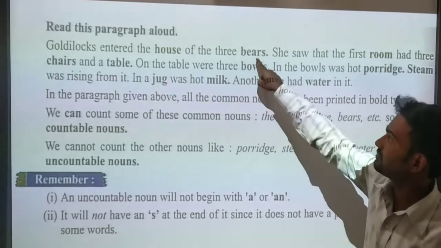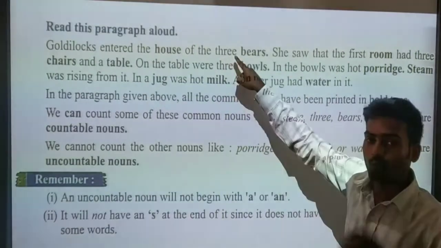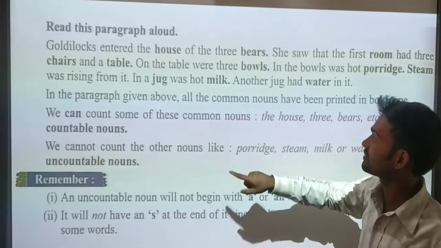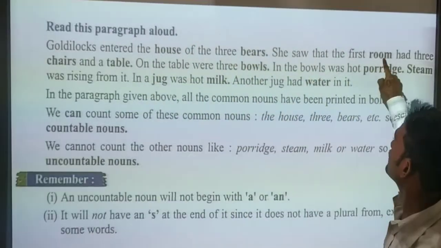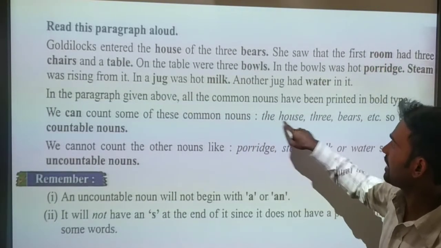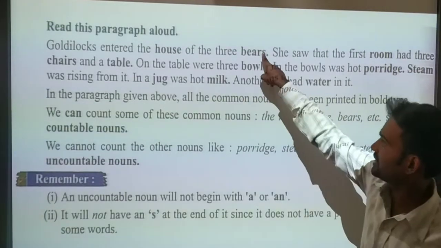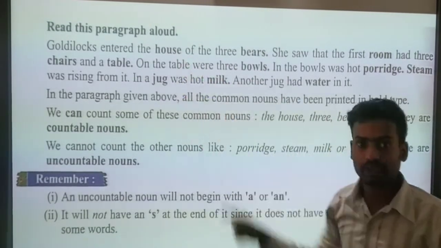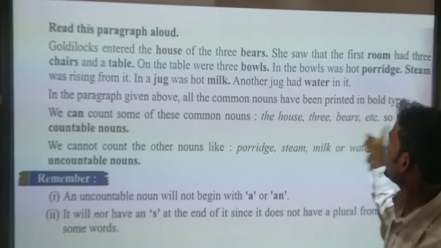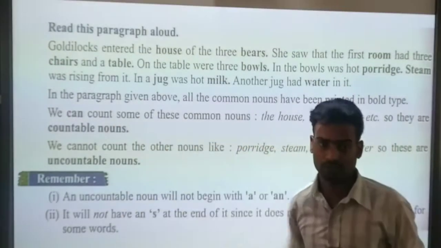Read that, bears. We can count. Already they have counted 3. 1, 2, 3. 3 bears. Right? And room. First room. See, they have given already the house, 3 bears, etc. Bears, house. We can count. The same way, they are countable nouns.